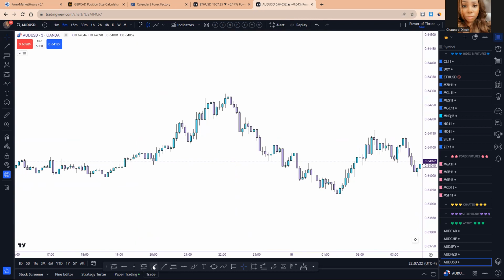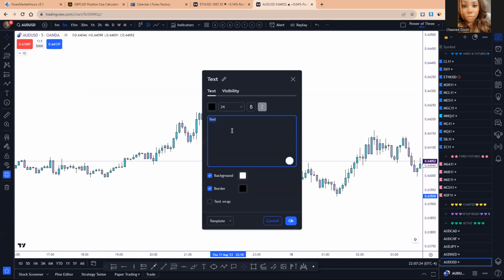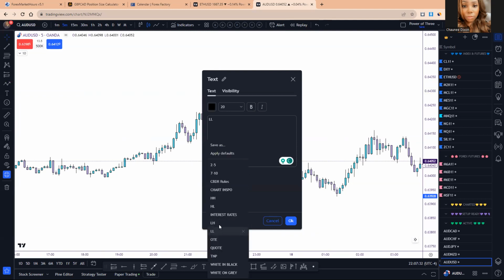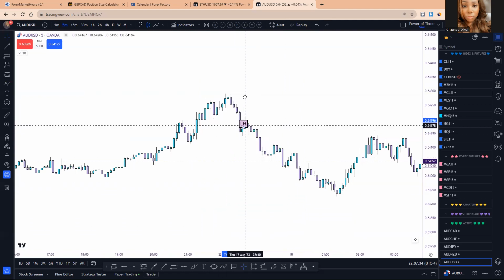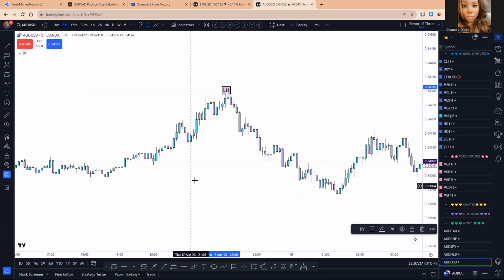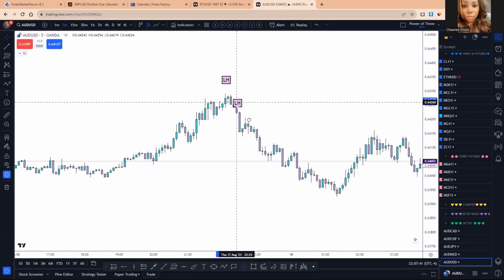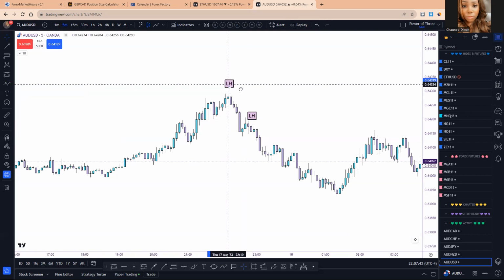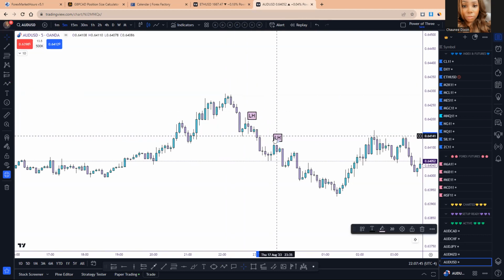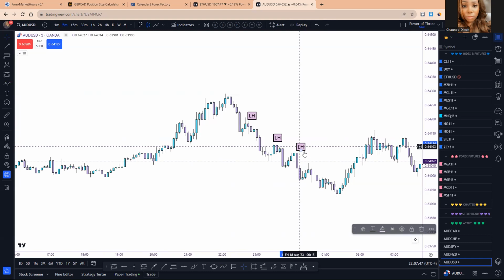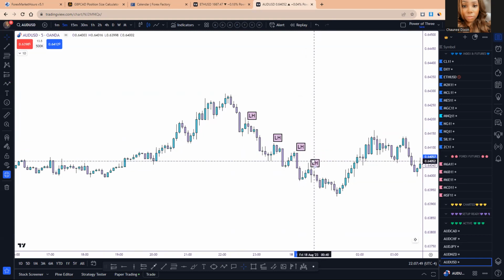So we'll see here, like, let me get the higher high. Actually, that's a lower high. It's my bad. So right here is a lower high. Right here is a lower high, actually. That's just a high. Lower high here, lower high.